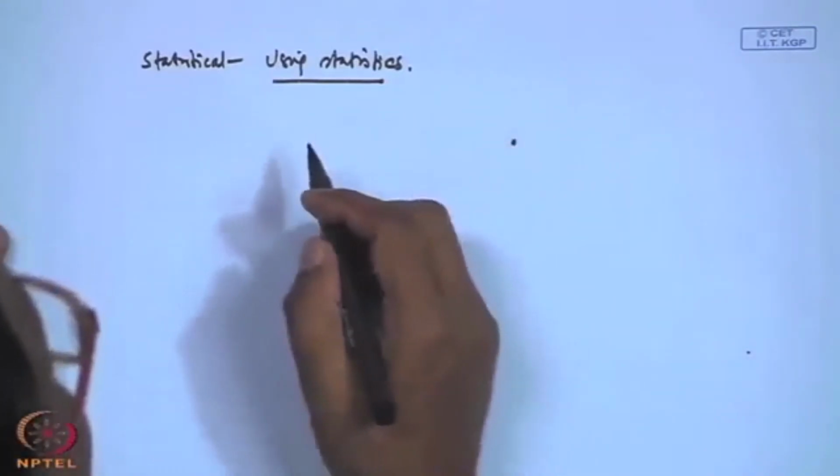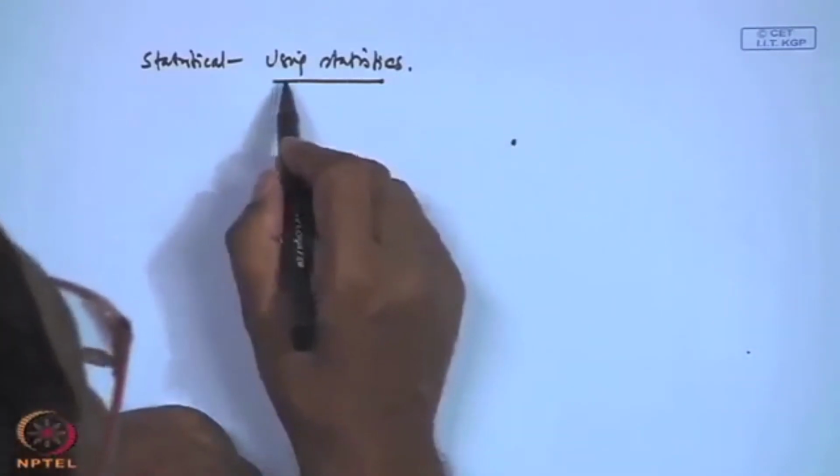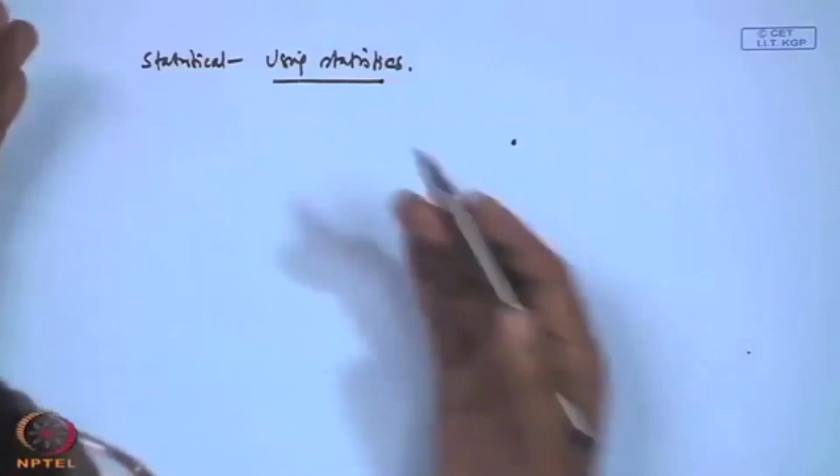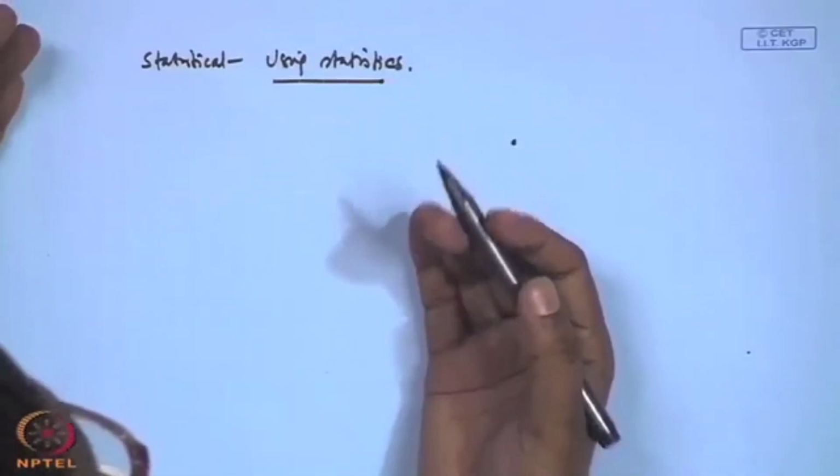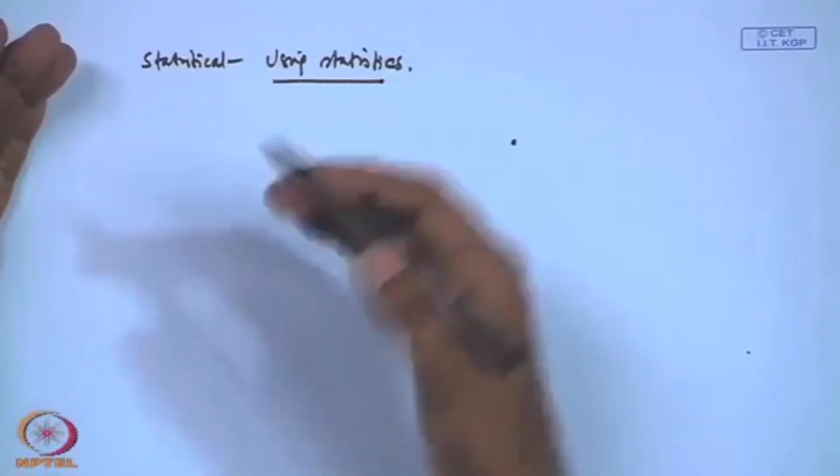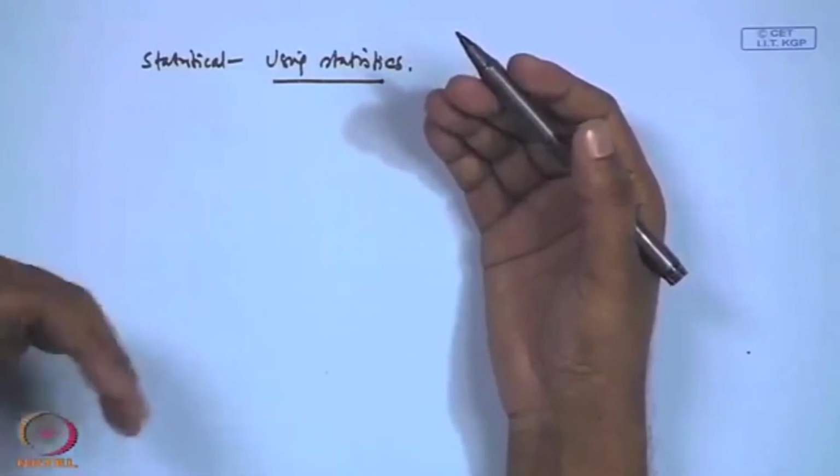So, when we talk about statistical, we talk about a population, then a sample consisting of data from the population, and we have some purpose or objective in mind.